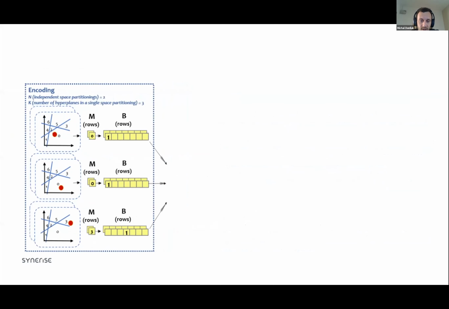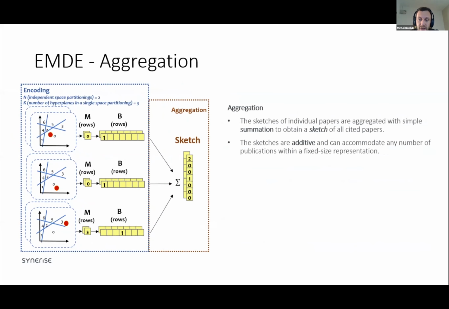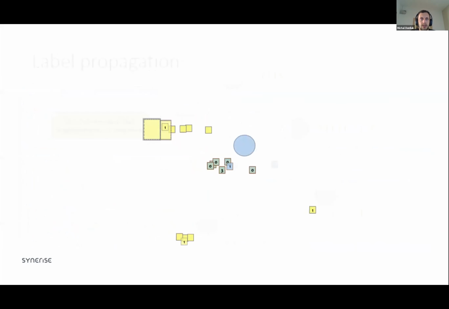And the sketches of individual papers are aggregated with simple summation to obtain a sketch of all cited papers. So we can think about it as a histogram-like vector representation of neighbor papers. So it allows to compress a variable length sequence of publications into simple 1D vector of constant size. Okay, that's it about MD.